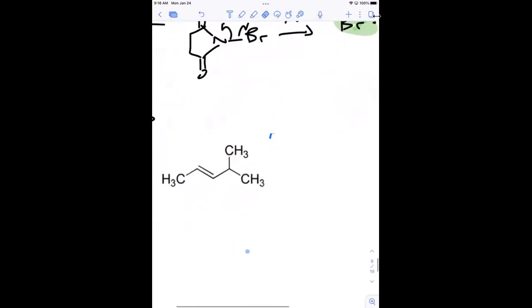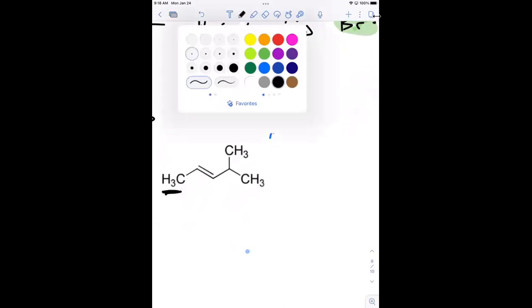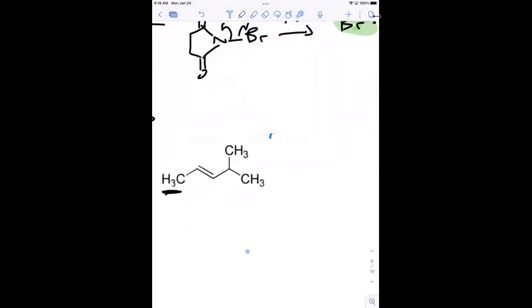We can start on the one on the left side. Yes, sir. All right, I'm going to white out the hydrogens right quick so I can draw them out. I'm going to write those in actually.